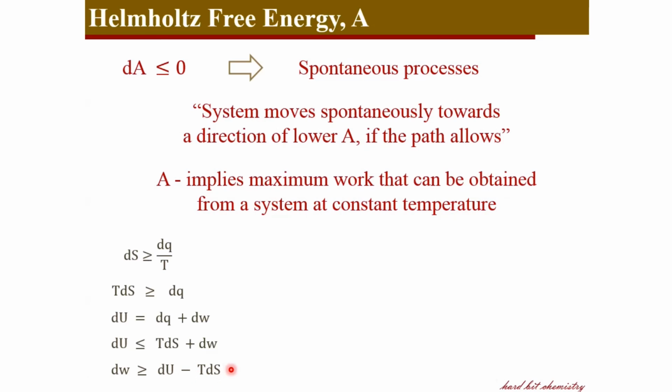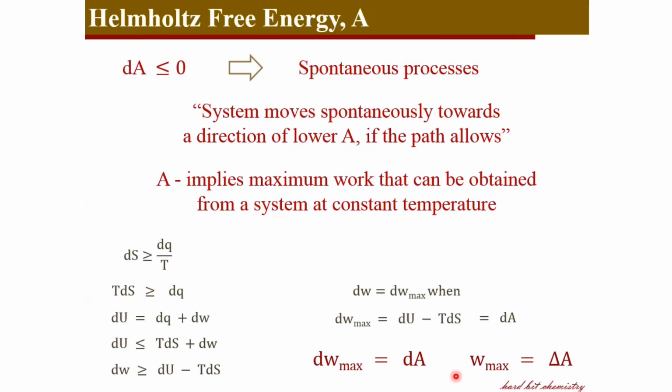And from this relation here, the maximum work occurs if the work dW equals dU minus TdS. So for maximum work we can write the expression in terms of equality, and dU minus TdS is obviously the dA, which is the change in Helmholtz energy of the process. So the maximum work obtained from the system is the change in Helmholtz free energy during the process.